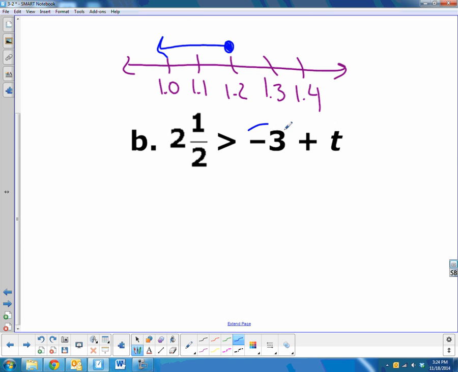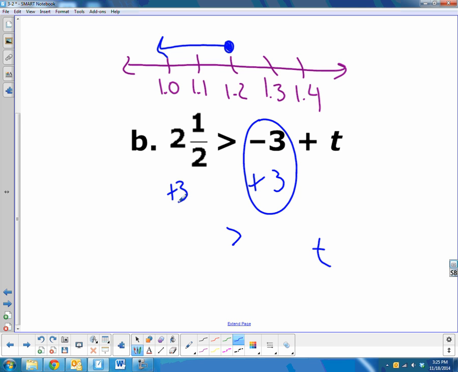If I want to make this 0, what I need to do is add 3, because minus 3 plus 3 is 0. You could subtract negative 3, and that would be correct. But either way, we need to make sure that minus 3 plus 3 is 0. So be very careful with that, remembering what the goal is. The goal is to make this 0, and so it is not there anymore. So however you need to do that.